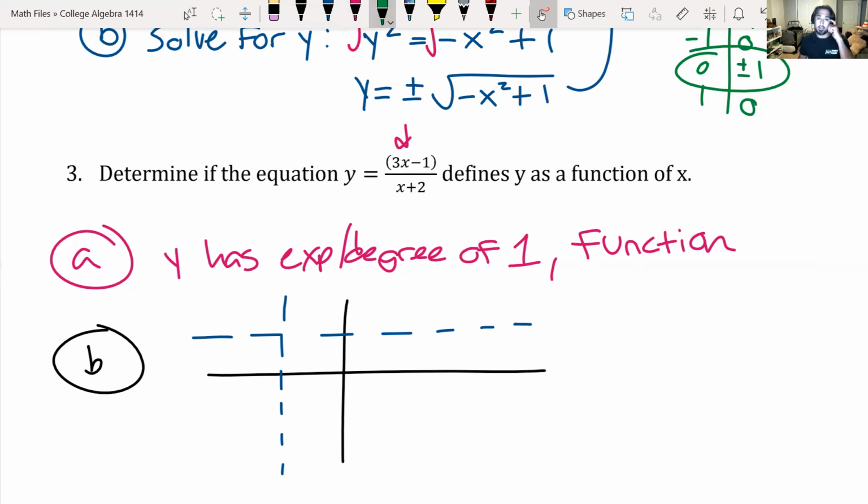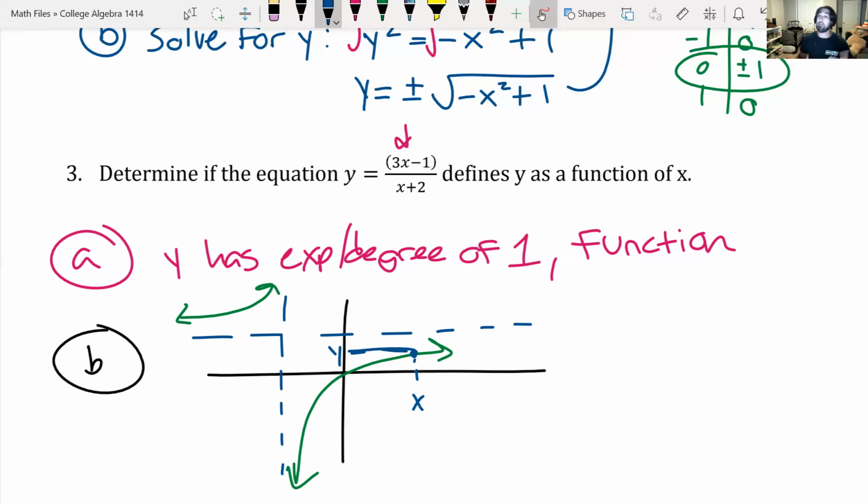If I plugged in -3, that would be -9 minus 10 over negative, so you have something that looks like that. And once again, for every x, there's one y.